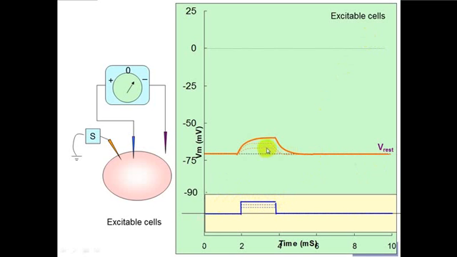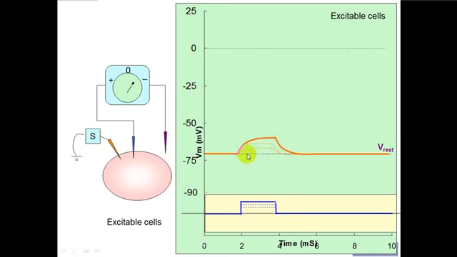The response, however, is a little more than double, isn't it? This means that with increasing strengths of depolarizing stimuli, the depolarizing responses are growing out of proportion. There is an enhanced response with every step up. Now that is the key to excitable cells.